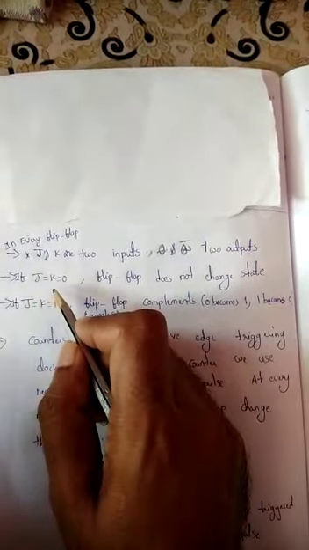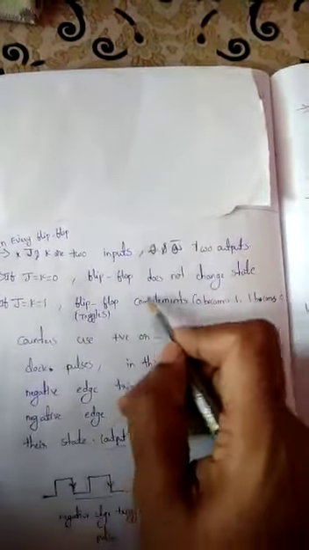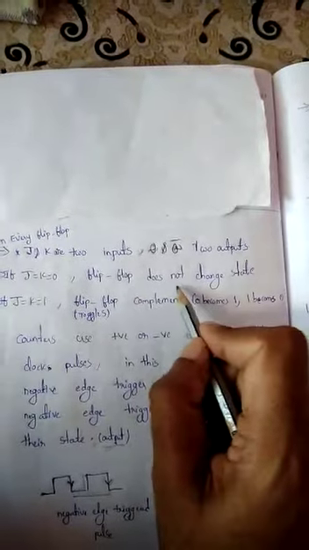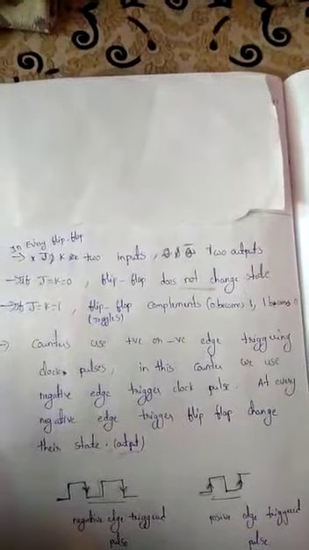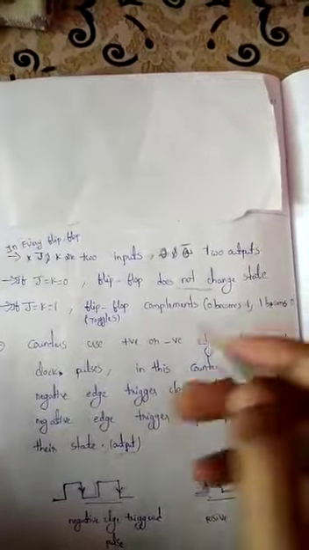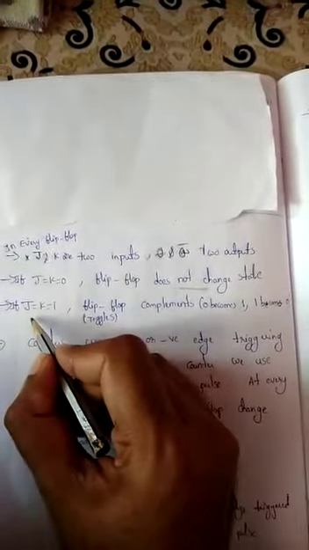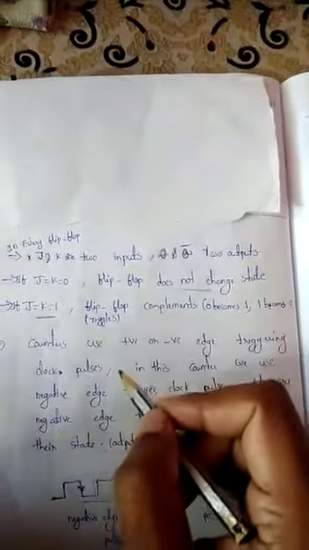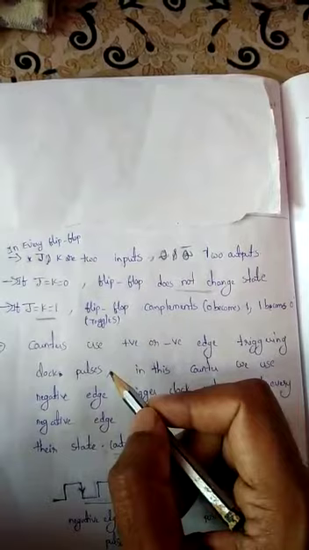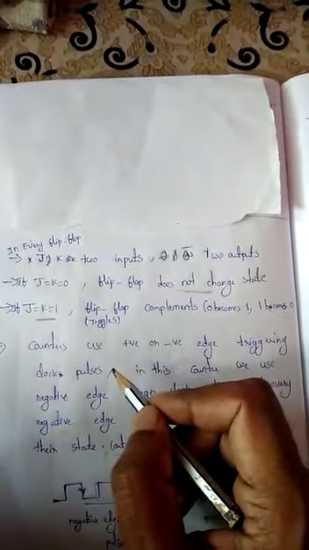If inputs J and K are equal to 0, the flip-flop does not change state. That means it carries the previous state output. If J and K are equal to 1, the flip-flop complements. That means J is equal to 1 and K is equal to 1, and the flip-flop goes to the toggle state.